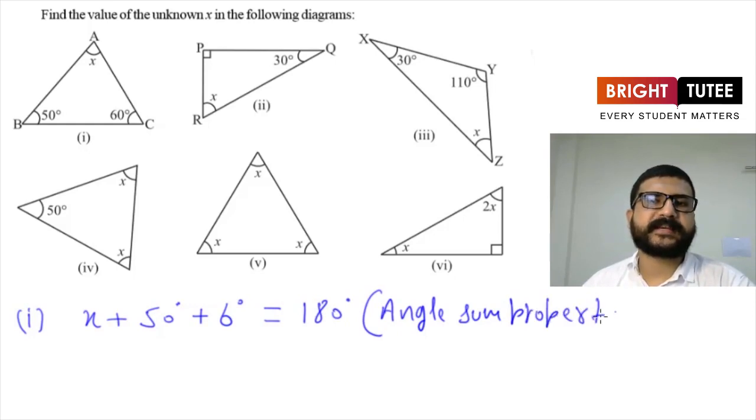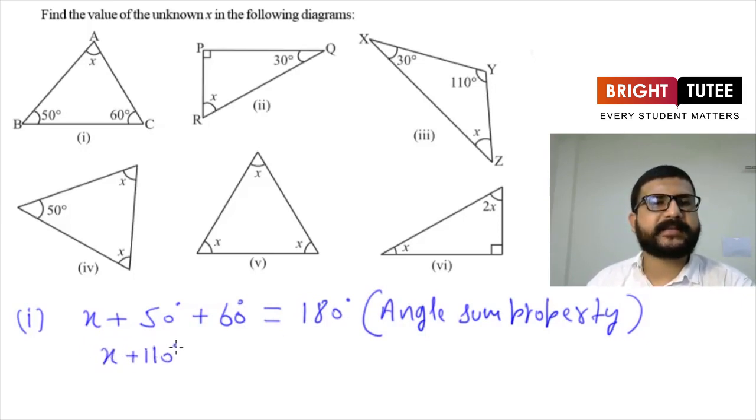Angle sum property states that the sum of all the angles of a triangle will be 180 degrees. So now x plus 50 degrees plus 60 degrees is equal to 180 degrees. By simplifying we will get x plus 110 degrees is equal to 180 degrees, and now we can transpose this 110 to the right side of the equation.